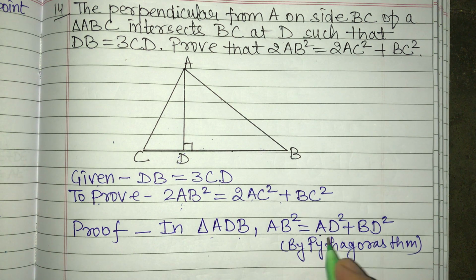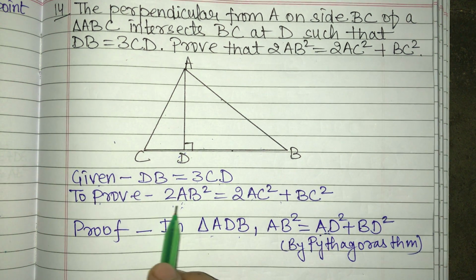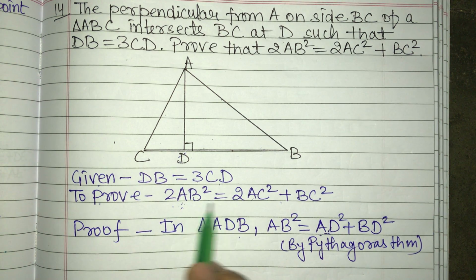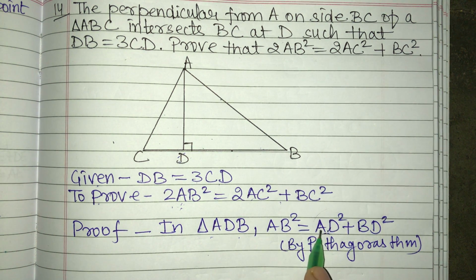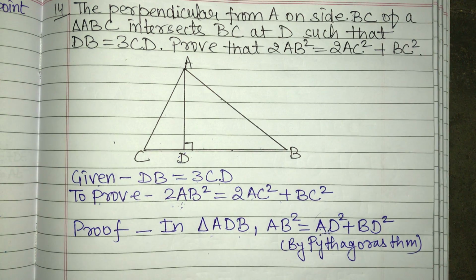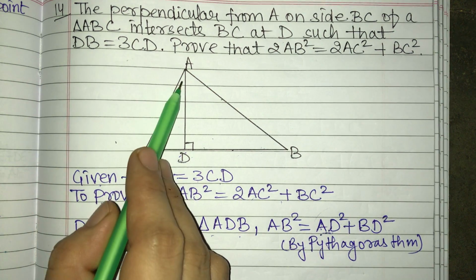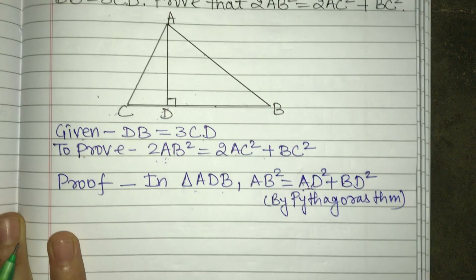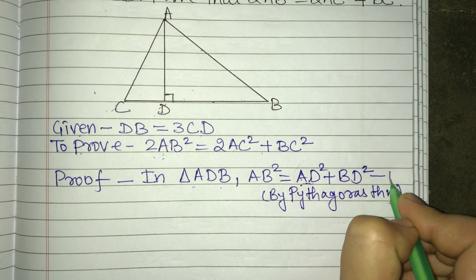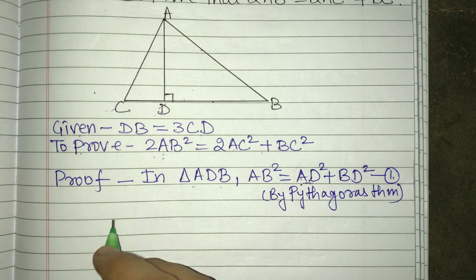Now I don't want this AD square because that is not given in the statement which we want to prove. So I want to replace this AD square by using triangle ADC. So this is the first equation which I am taking.